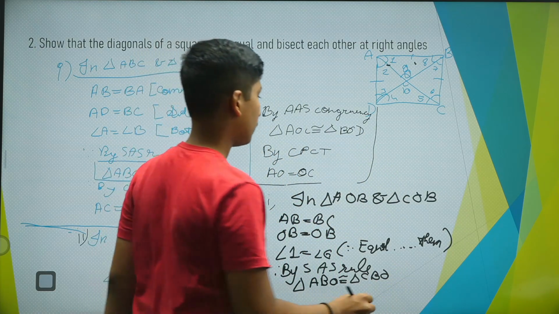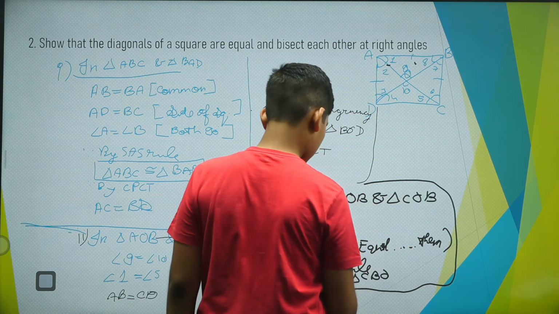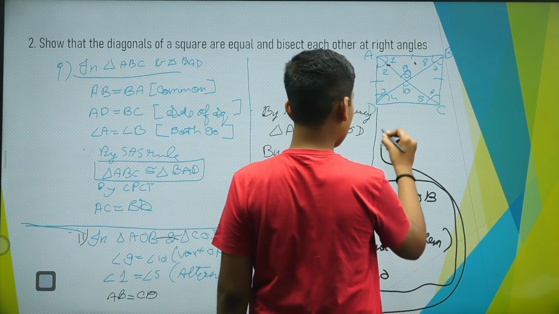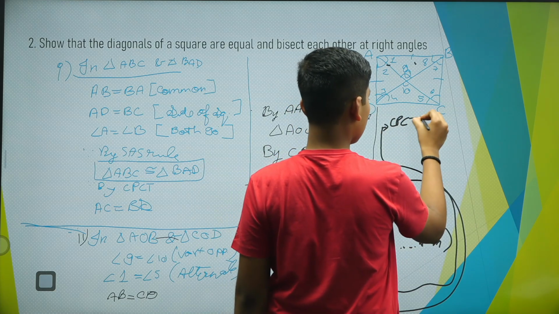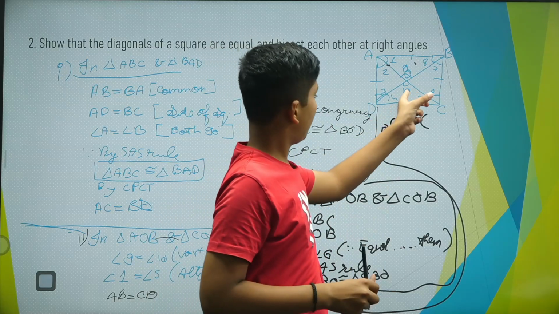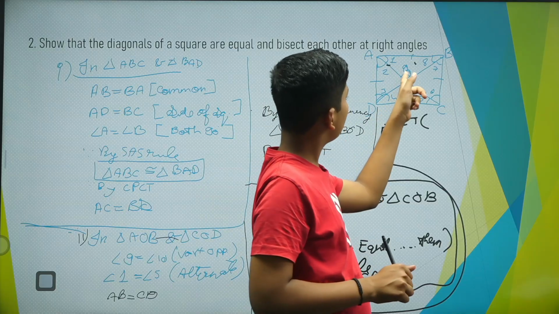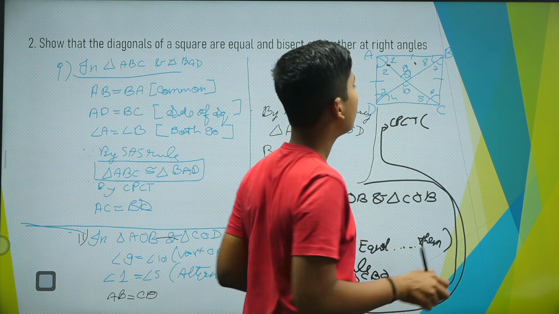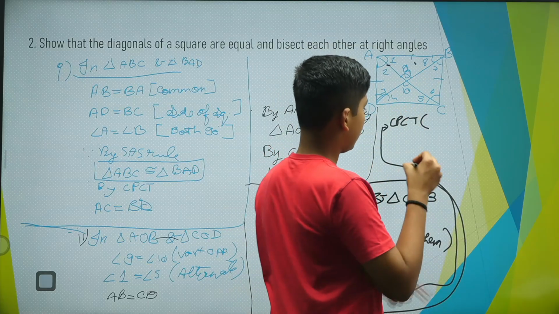Okay, and now over here I will write CPCT. But by CPCT, what can we prove? We'll have to prove that this one is angle 9, which is angle AOB equals angle COB.